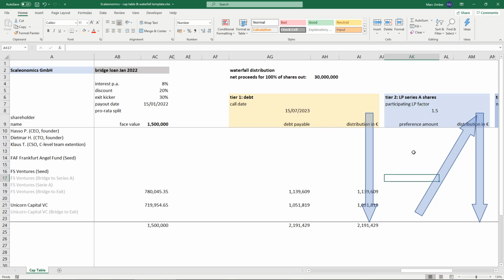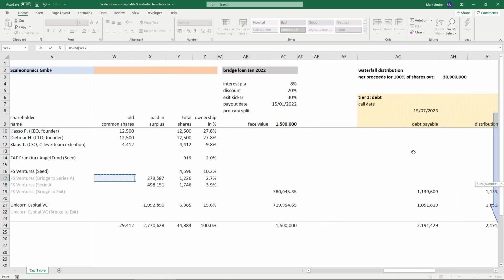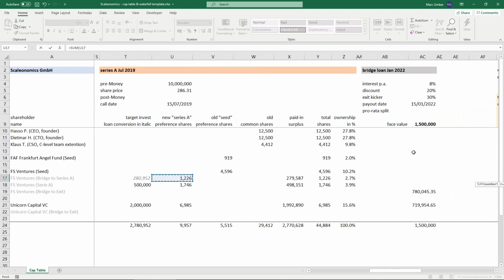The first step is to gather the volume that is in this preference. For Frankfurt School, this will be the total sum of all nominal amounts plus the paid-in surplus, which for the fresh money in Series A was almost 500,000, and the loan conversion of almost 280,000 euros.